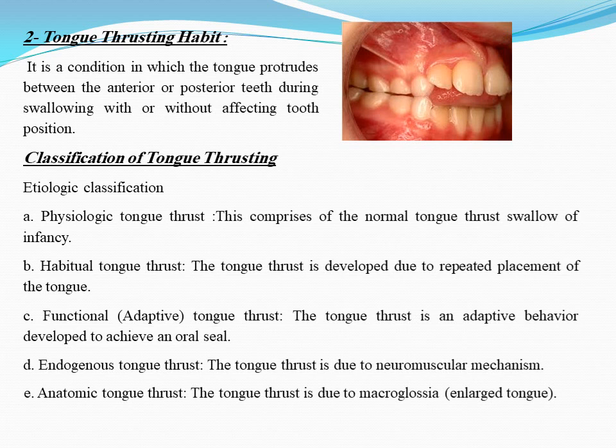In a small proportion of subjects, the swallowing activity is accompanied by another thrust of the tongue, which appears to be a basic neuromuscular mechanism. This so-called endogenous tongue thrust is sometimes associated with anterior lisp or sigmatism during speech.